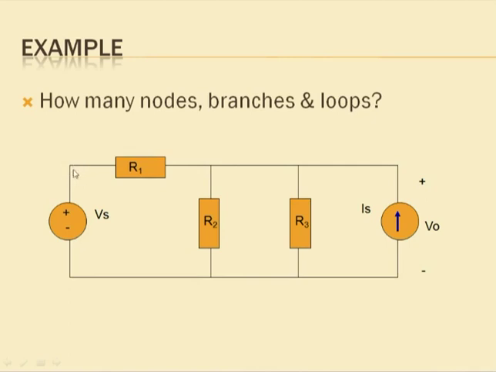So this point will be identified as a node of the circuit. Similarly, R1 and R2 are connected at this point, so this point will also be considered a node. Similarly, at this point we have R3, R2 and R1.